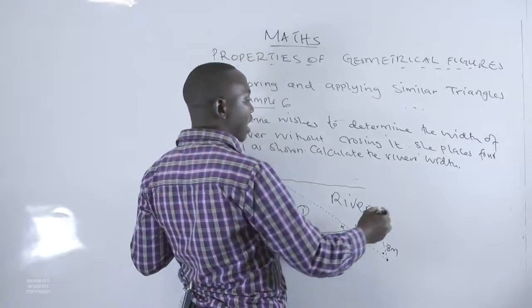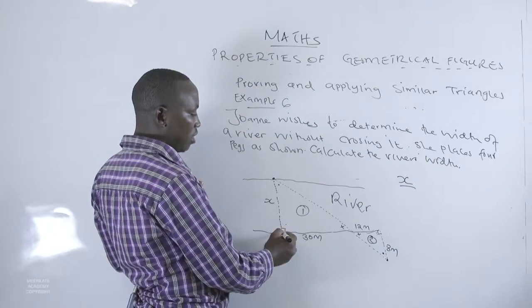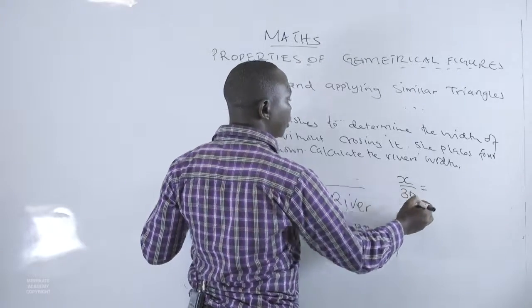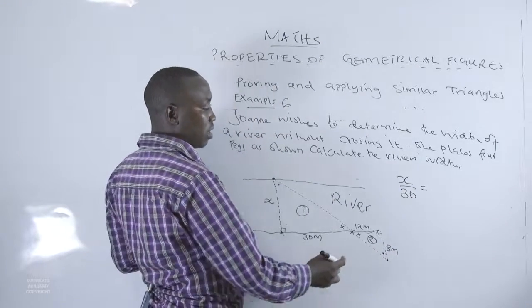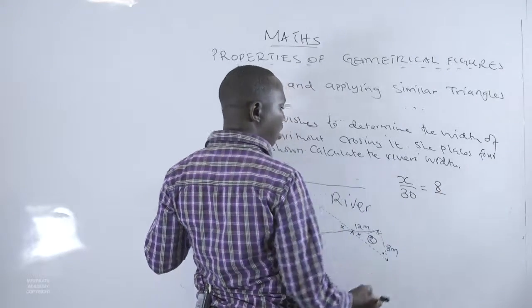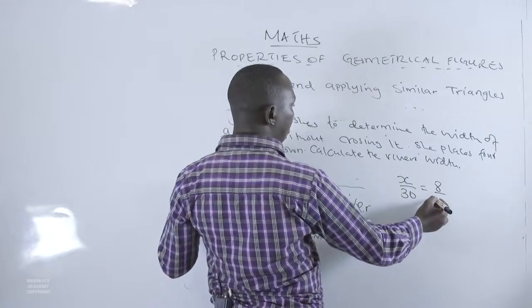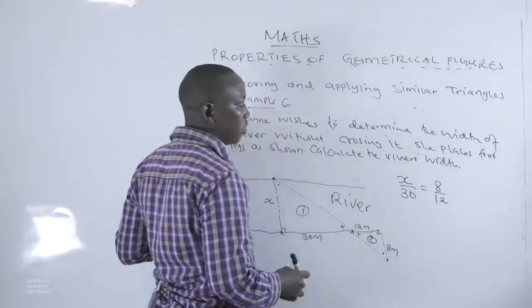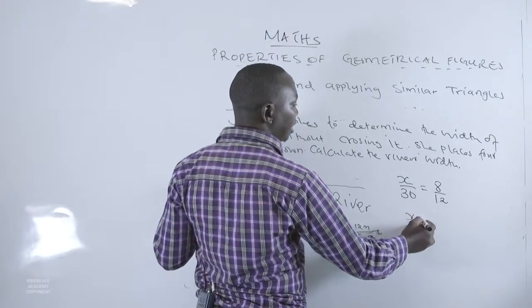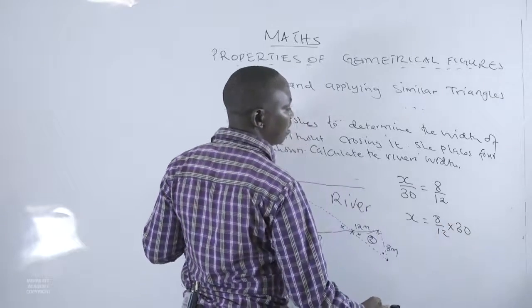So when you take x, which is the width of the river, over one of the sides, which is 30, it should be equal to the other height, which is 8 meters, all over the length, which is 12. And therefore, for us to be able to get x, we shall take 8 over 12, we multiply by 30.